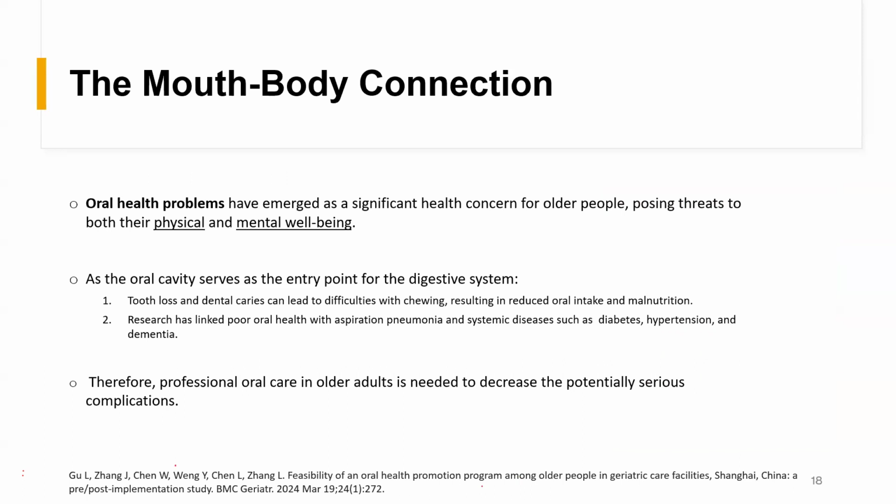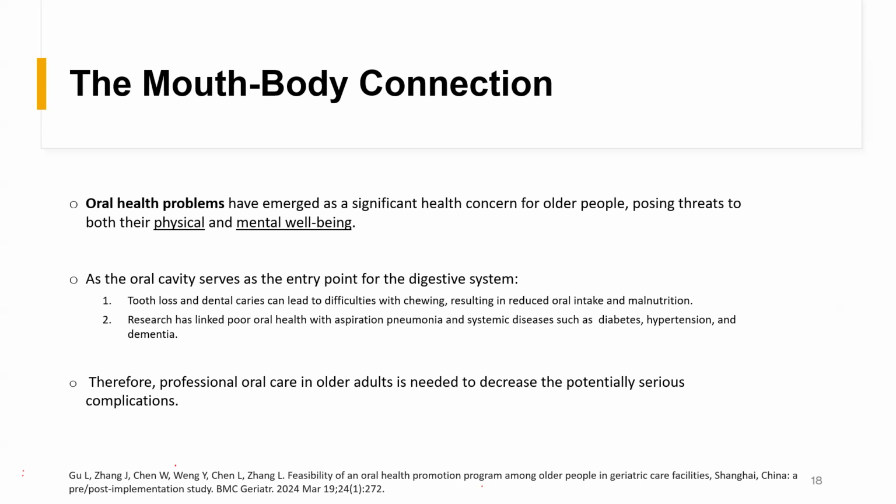Now, the mouth-body connection. As we discussed earlier, oral health and systemic disease can affect each other. Oral health problems are significant health concerns for older people, presenting risks to both their physical and mental well-being. Usually, tooth loss and dental caries can lead to difficulty with chewing, resulting in reduced oral intake and malnutrition.